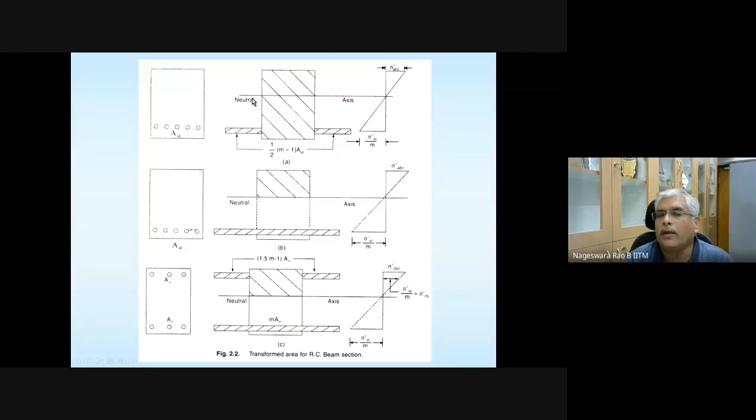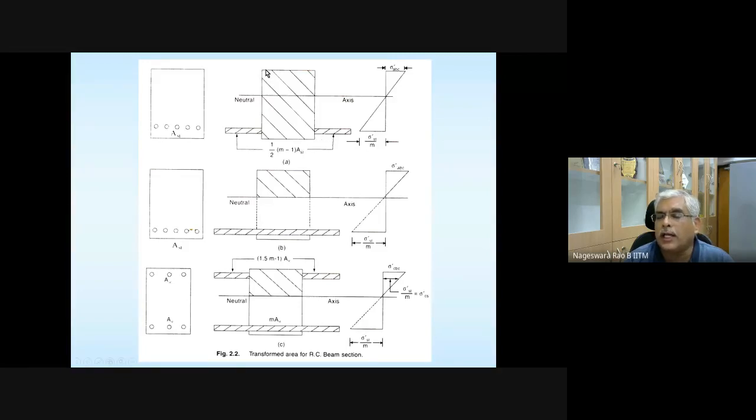Whatever portion is below the neutral axis is going to be in tension, and whatever portion is above the neutral axis is going to be in compression when you subject this rectangular beam cross section to sagging moment. Even concrete is going to have certain capacity to resist the tensile stresses that are coming.